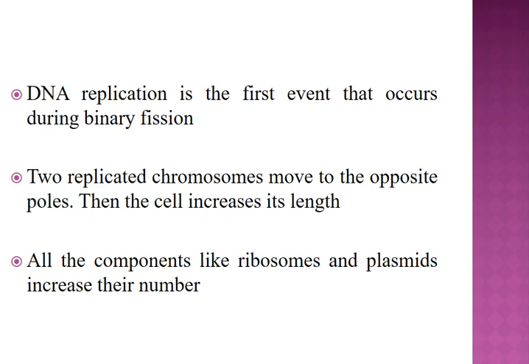When a cell divides, all the components of the bacterial cell increase in their number. For example, there occurs an increase in components like ribosomes. There occurs an increase in number of plasmids. Whatever other cellular constituents are there in the bacterial cell, all the components increase in their number.